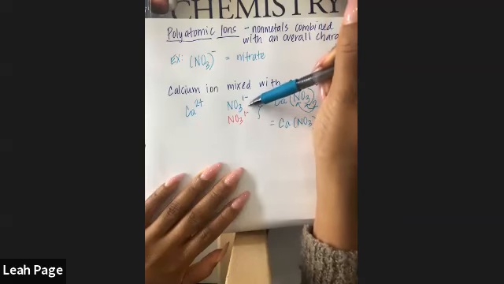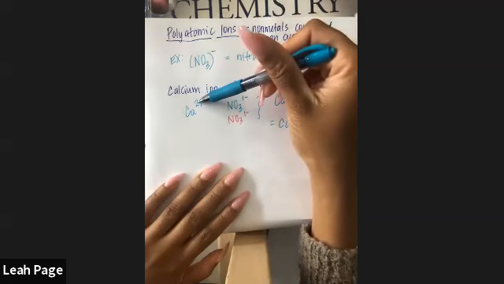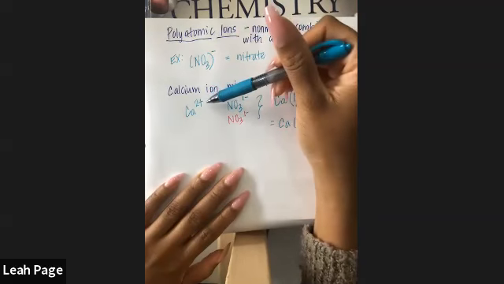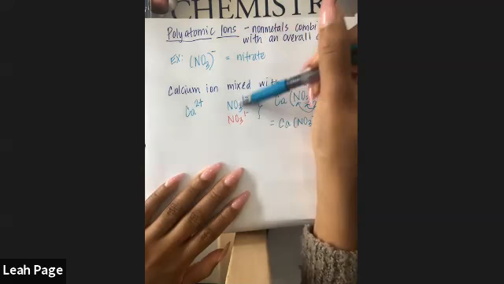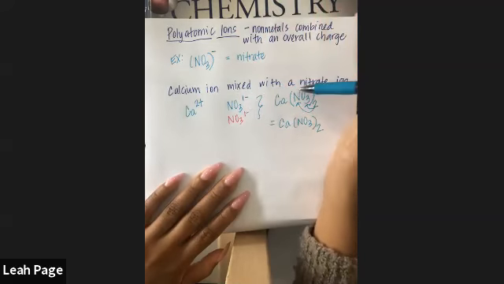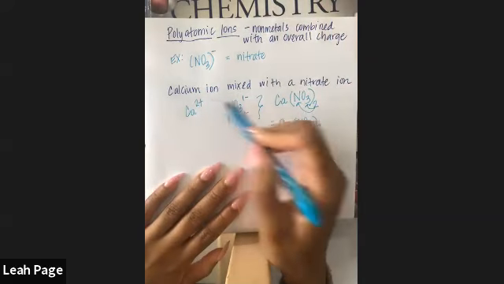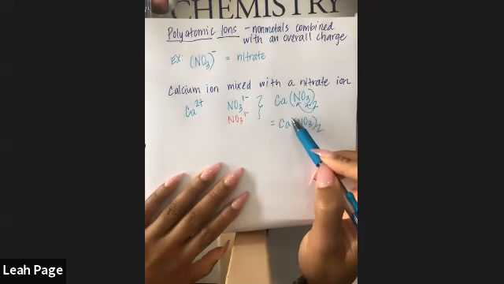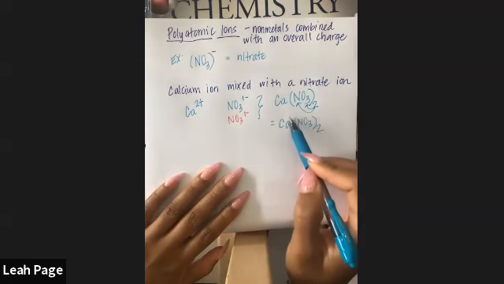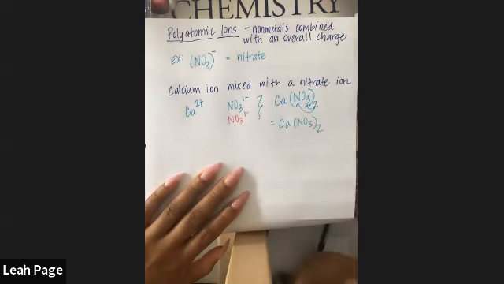Those 2 extra electrons are donated to the calcium. It no longer is missing 2 electrons, and this one no longer has 2 extra electrons. So overall, they're both 0. So you don't have to write the 2+ on top of calcium anymore because it's satisfied when nitrate transferred its electrons to calcium. Hopefully that makes sense.